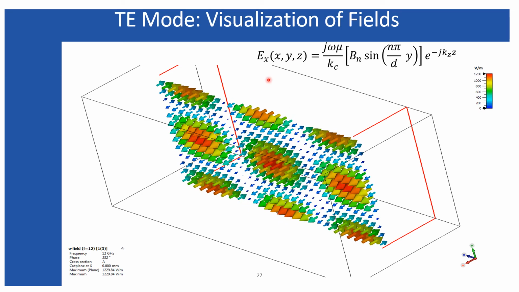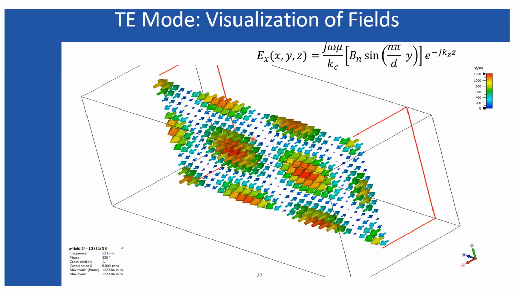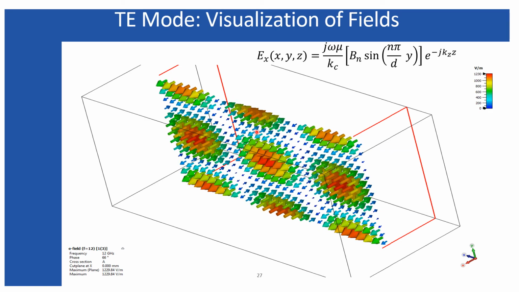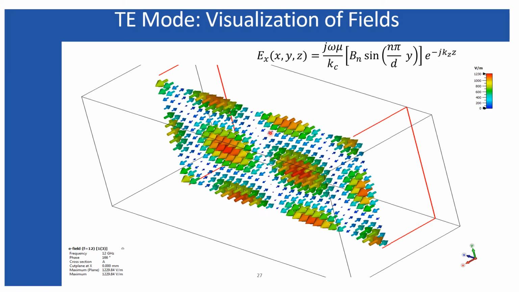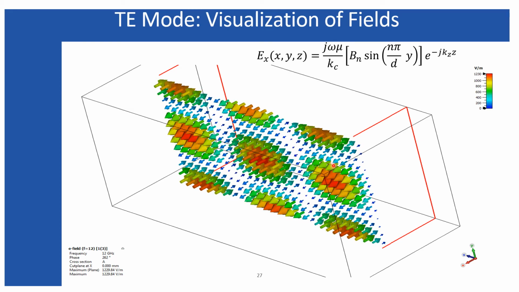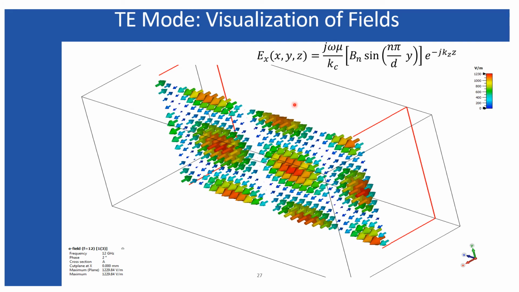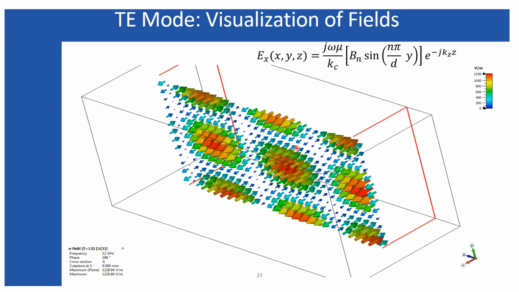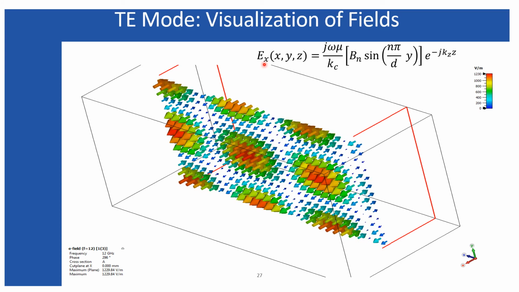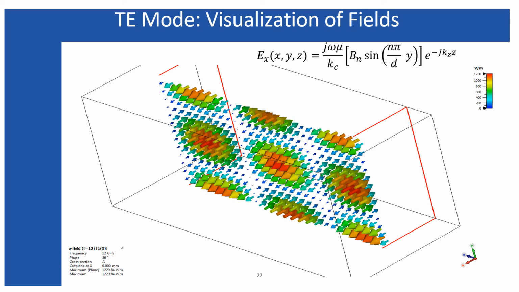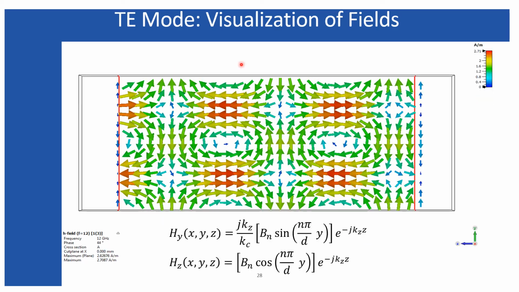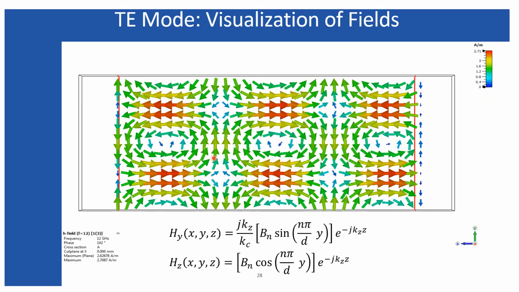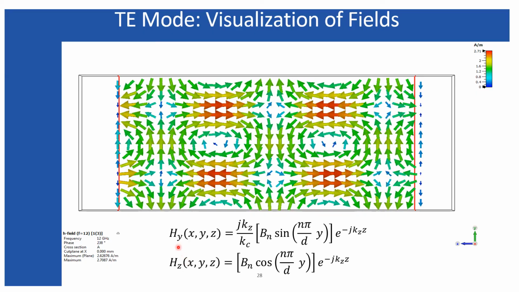So that is why this electric field, similar to the TM mode, where the magnetic field includes the z derivative and y derivative of the x component, in a similar way, if you take the curl of the electric field, that also will include the z derivative and y derivative for this x component of the electric field. This is the magnetic field, and the magnetic field includes the y and z components.